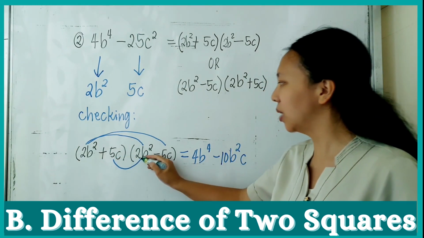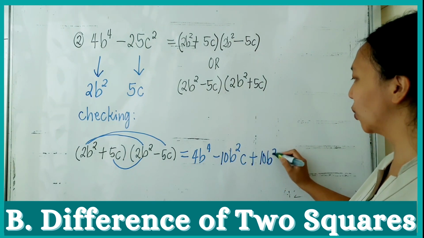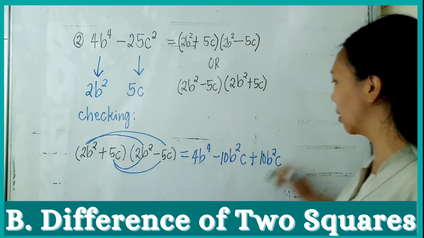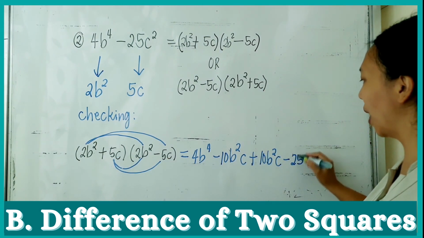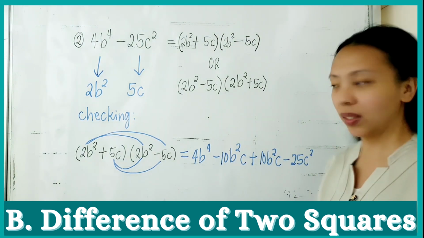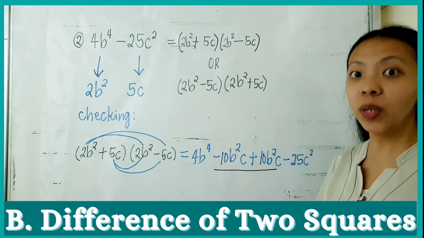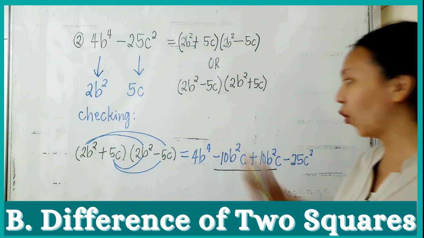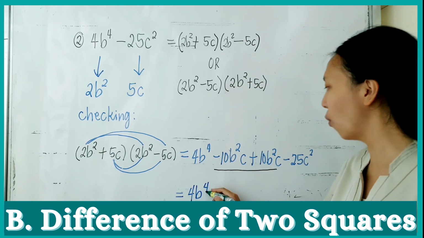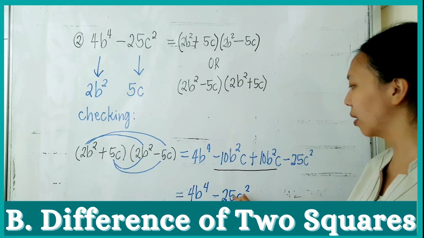Inner term times inner term equals 10b squared c. And last term times last term equals negative 25c squared. Let us combine similar terms. These two terms here are similar, but when simplified will give us a 0. Therefore, we are left with 4b raised to 4 minus 25c squared.